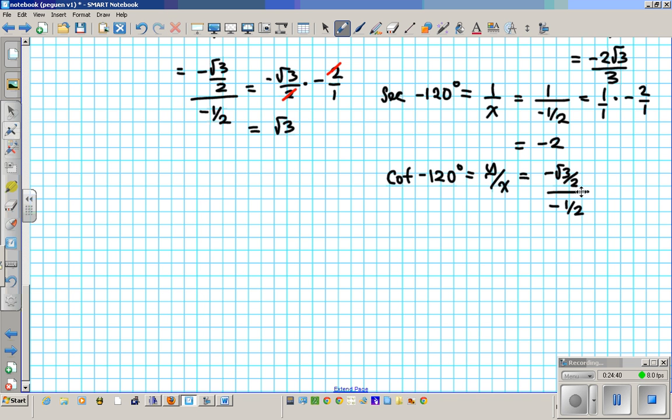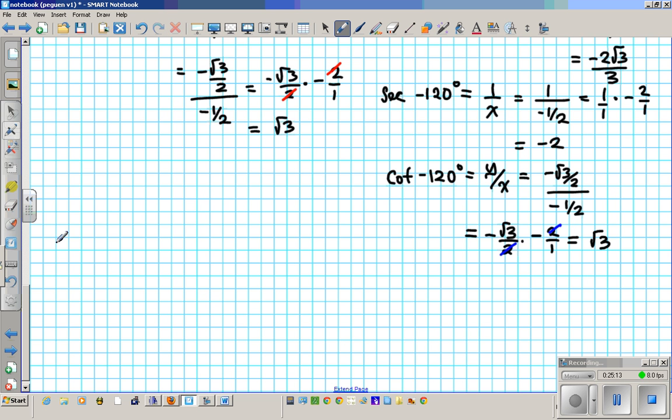We have to DCF this problem, drop change flip or multiply by the reciprocal, because we divided by a fraction. So we're going to have negative root 3 over 2 times the reciprocal of the bottom, which is negative 2 over 1. Now the 2's cancel out, and minus times minus is plus, so your answer is going to be root 3.